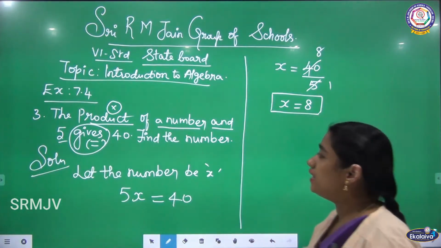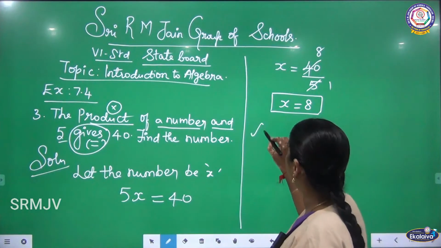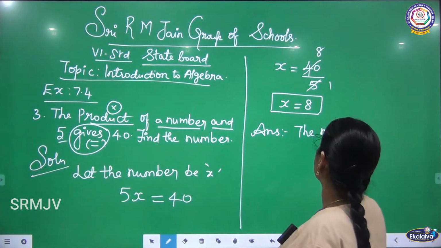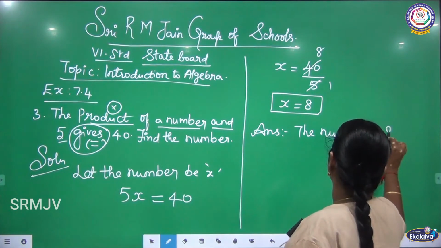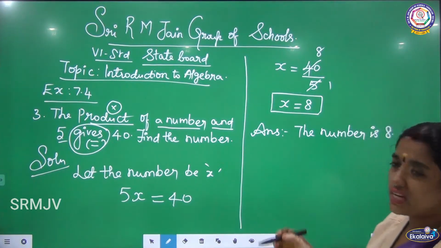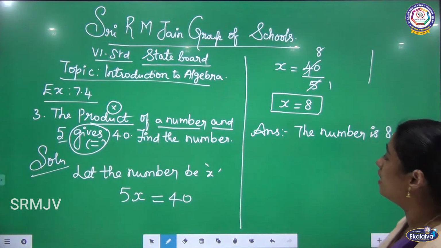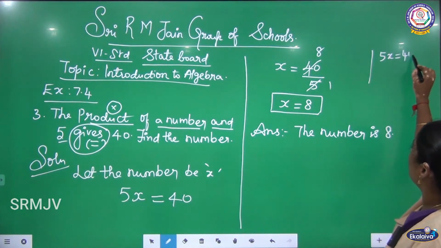So I can find out the number. I can find out the number to be what? Answer. The number is 8. Okay. Can you check this? For example, we can check in the rough column. Listen. 5x is equal to 40.